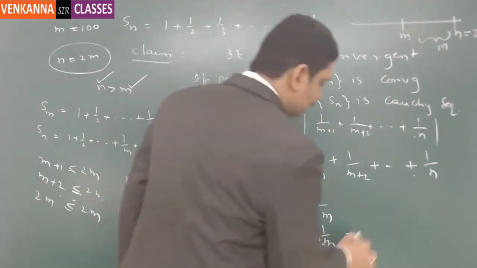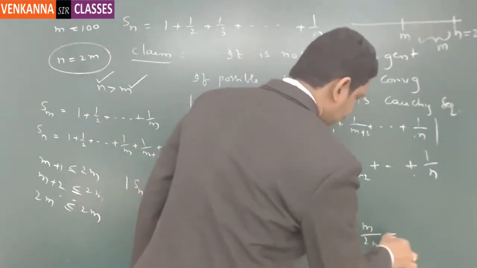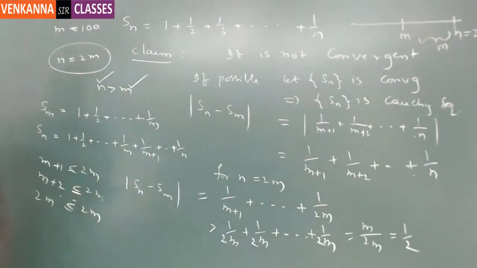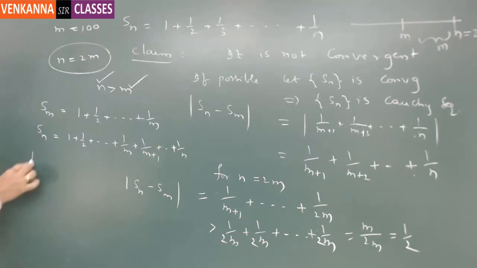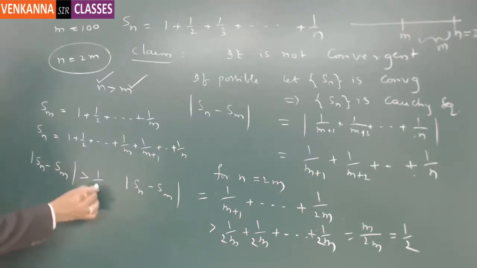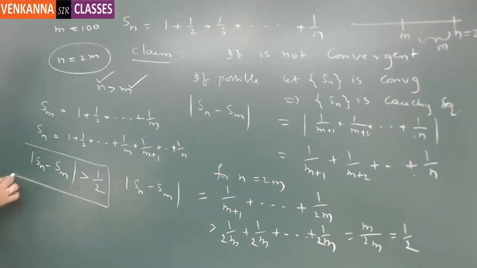So what you have concluded is that the modulus of Sn minus Sm is greater than 1 by 2. This is your conclusion for n equal to 2m. Everyone agrees with this point?